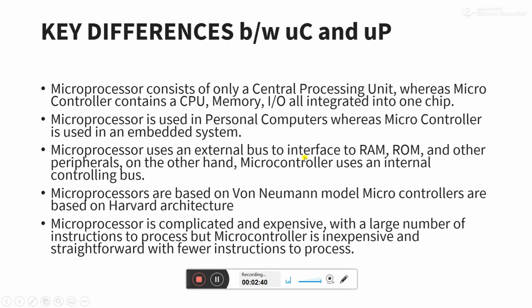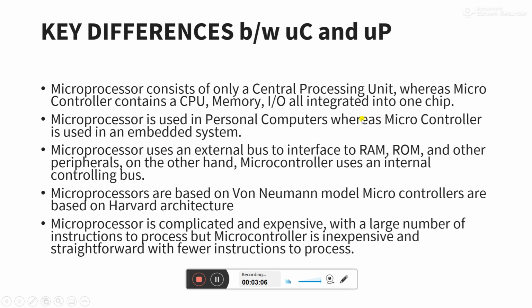A microprocessor uses an external bus to interface the RAM, ROM and other peripherals. On the other hand, a microcontroller uses an internal controlling bus. As I just told you, in a microprocessor all the peripherals of the CPU are outside the chip, while in a microcontroller each and everything is on the chip.